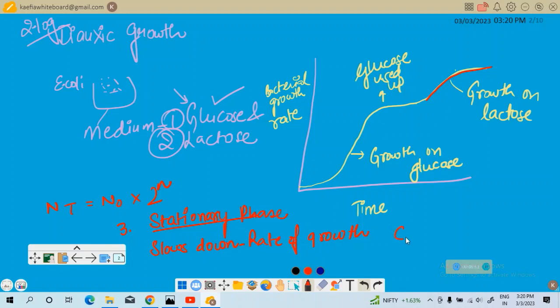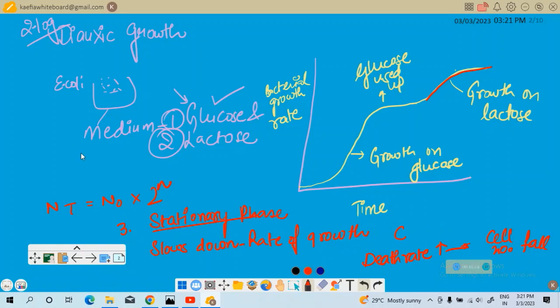The increase due to newly formed cells is cancelled out by a similar number of cell deaths. Then the death rate increases, so overall cell number will fall. So basically in this phase cell division stops and cells die.